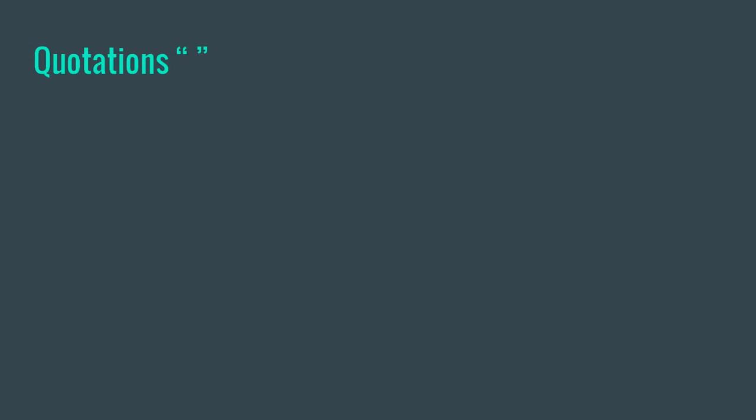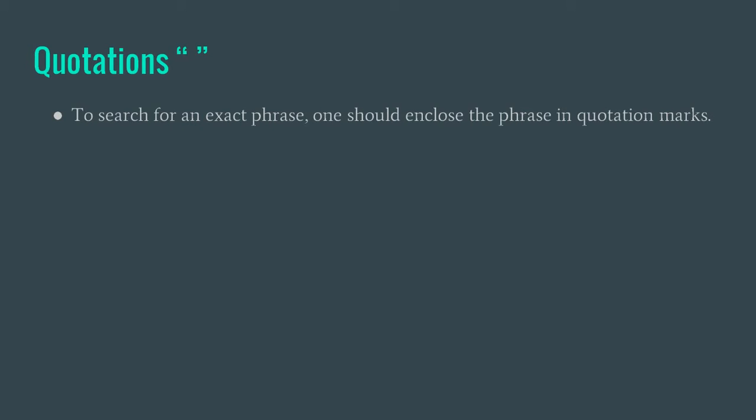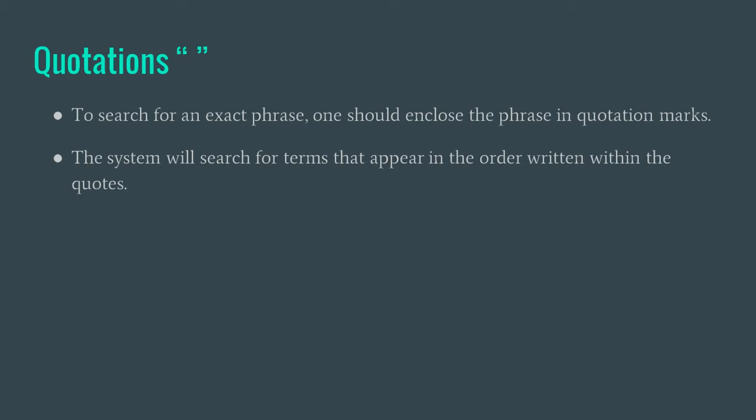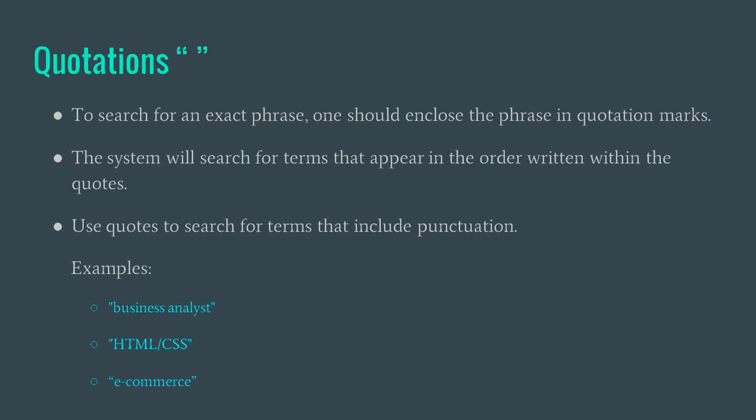Next, we need to discuss them one by one, and the first is the quotations. This is used to search for an exact phrase, and one should enclose the phrase in quotation marks. The system will search for these terms as they appear in the order written within the quotes, and use quotes to search for terms that include punctuation, just like e-commerce, HTML/CSS.